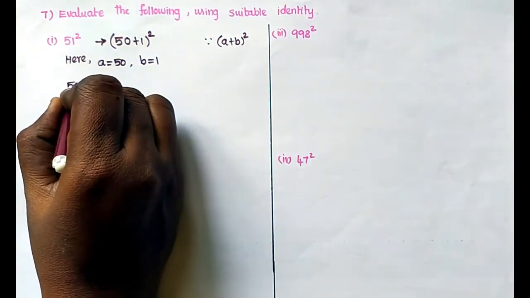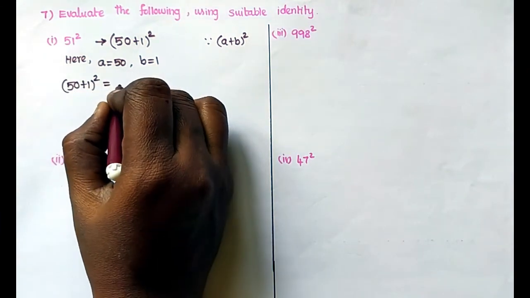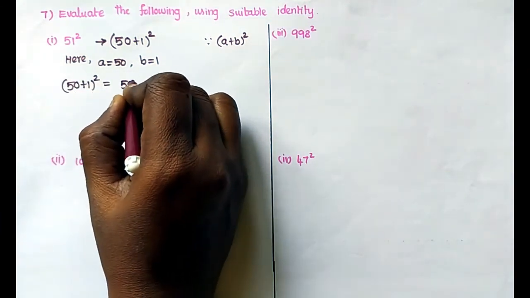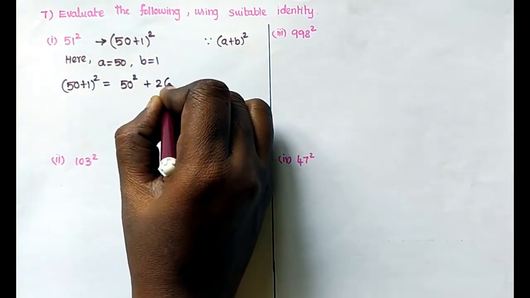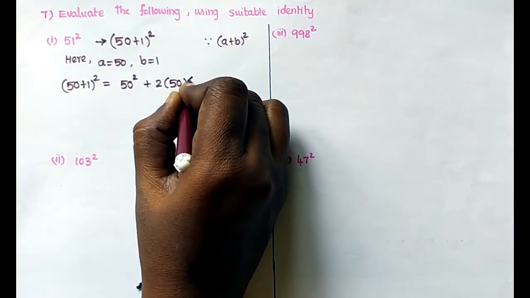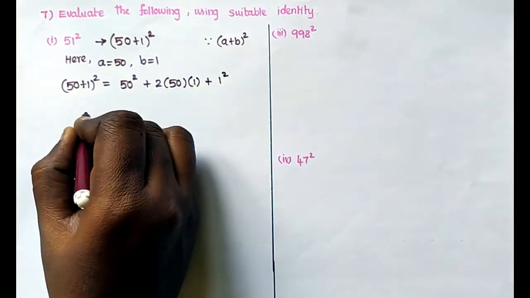Now applying the formula, (50 plus 1) squared is equal to 50 squared, a squared, plus 2 into ab plus b squared.